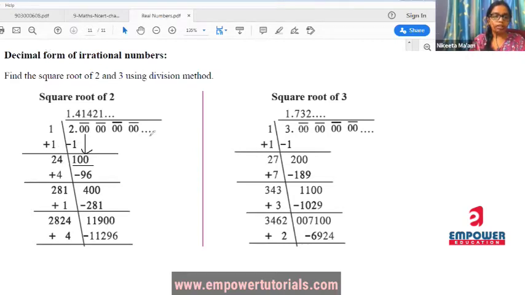Suppose I'm taking 1 over here. So 21 into 1 will be how much? 21, which is far less than 100, don't you feel? If I'm taking 2 over here, 22 into 2 will be 44. Again, it is very much smaller than 100.